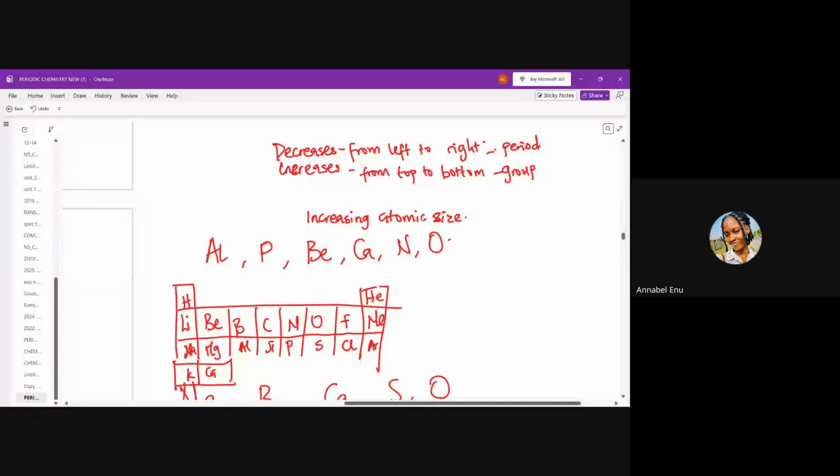Yes. Based on this, atomic size decreases across a period, and increases down a group.